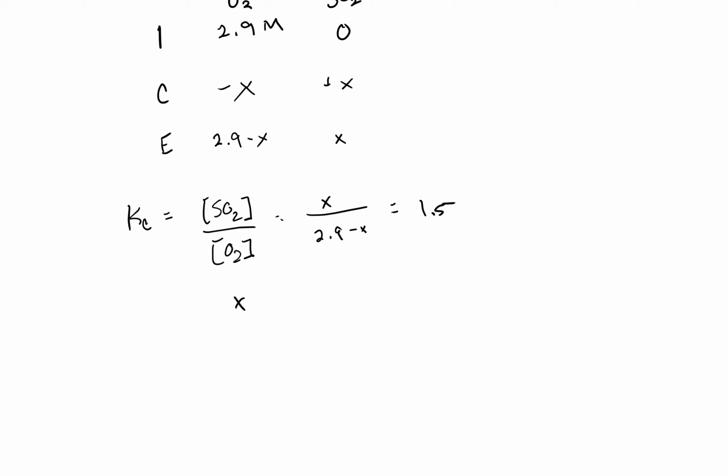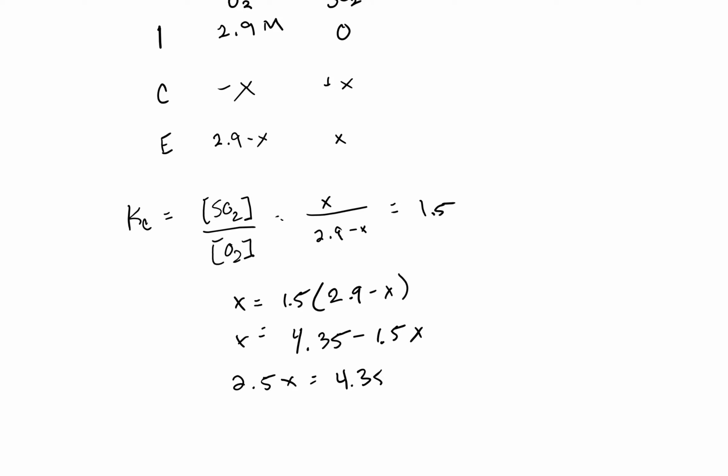And if we do that, we can say that x is equal to 1.5 times 2.9 minus x, and then we'll just distribute the 1.5, and that'll be 4.35 minus 1.5x equals x, and then we can just add 1.5x to both sides, so that'll give us 2.5x equals 4.35, and then we divide both sides by 2.5 to isolate x, and that's going to give us 1.74.